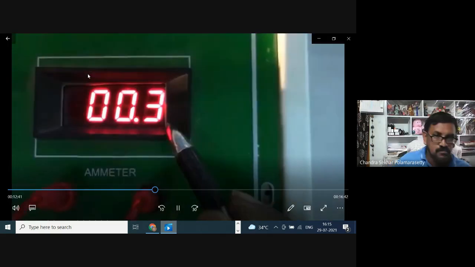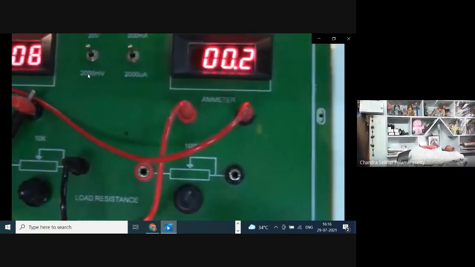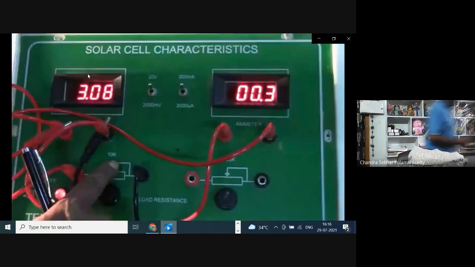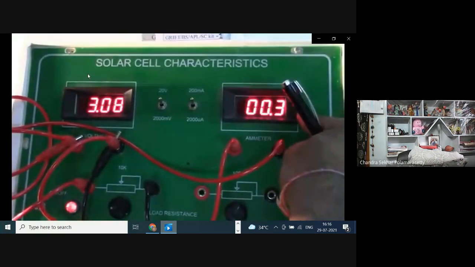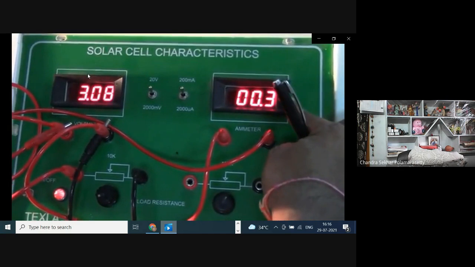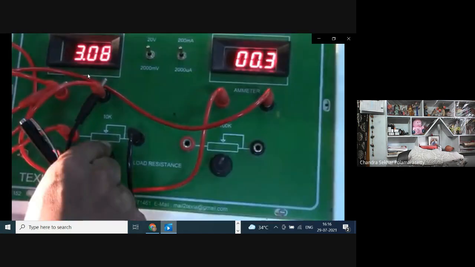Next, adjust the load resistance in order to get 1.5 volts. So here I adjusted the load resistance to get 1.5 volts, and you note down the corresponding current. For 1.5 volts also the current is the same.